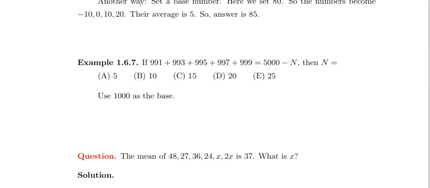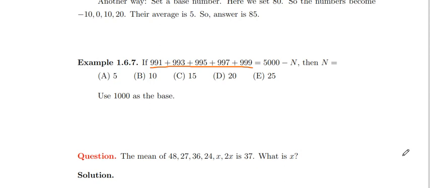We just set this as the baseline. Suppose we have this question: add them up, equal 5,000 minus some number. What is this number? If we do the calculations, this number is 5,000 minus those numbers. You can add them up, but it takes some time. So we do it this way: we set 1,000 as the base number.